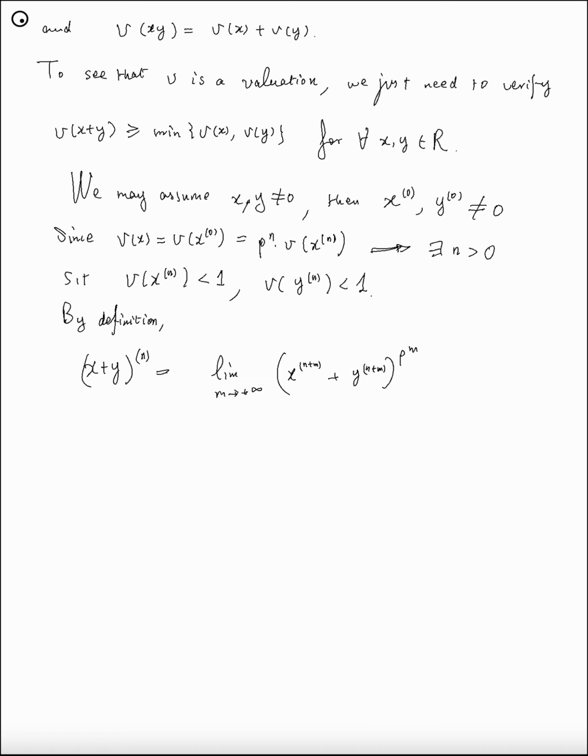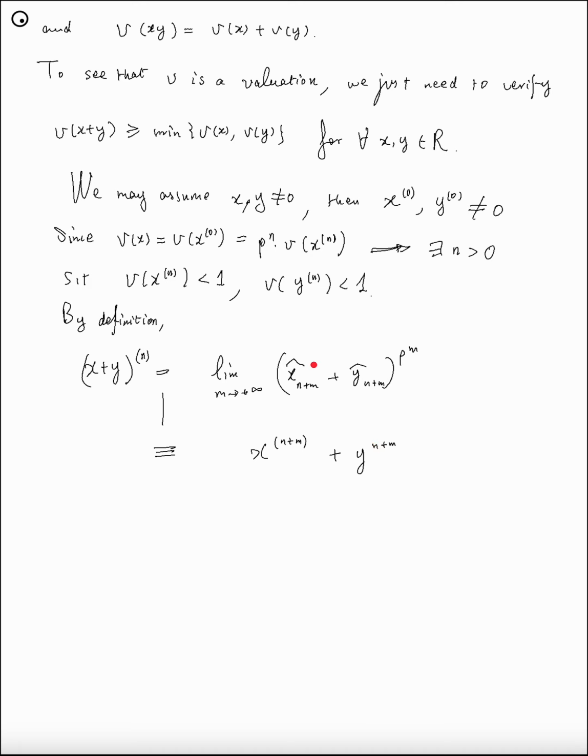And so this is just congruent to the lift of X_{n+m} plus the lift of Y_{n+m}. In particular, X_{n+m} is a lift of X_{n+m} bar.